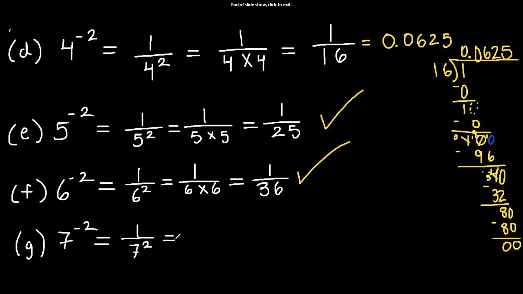That will be equal to 1/7 times 1/7. It'll be equal to 1/49. So we do 7 times 7. Why do we do 7 times 7? Because it's to the power of 2. So it's 1 over what? 1/49. Very good.